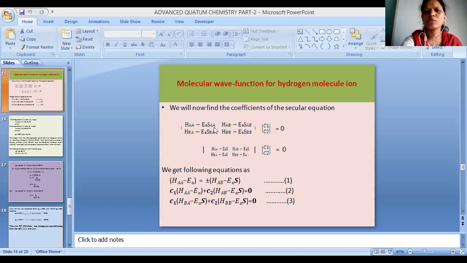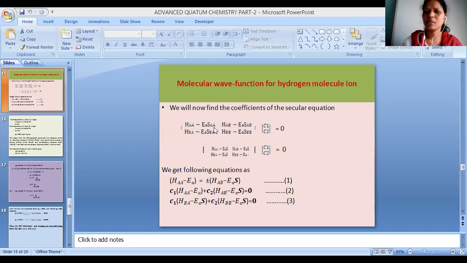See, this is the energy expression, that is HAA minus EA of SAA, HAB minus EA of SAB. This can be written as, because for a diatomic molecule the approximate molecular wave function is equal to C1 psi1 plus C2 psi2. Therefore, now we can write the secular determinant like this, into C1 C2 is equal to 0.